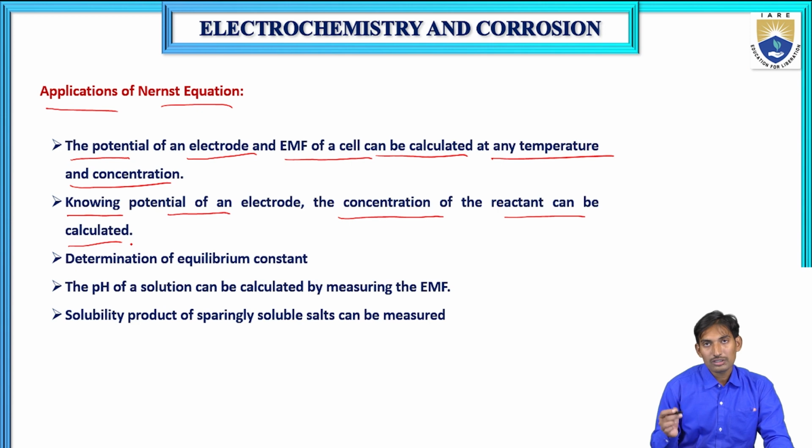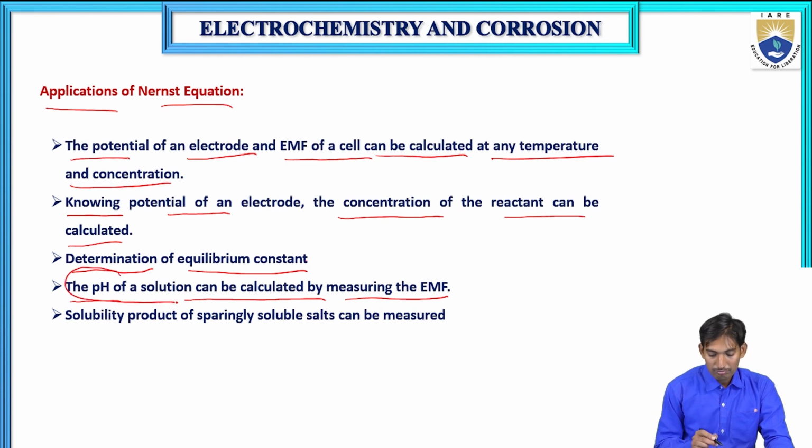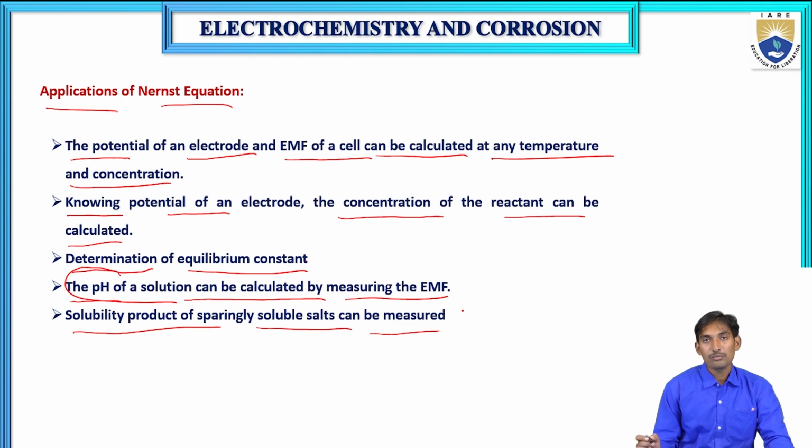Determination of equilibrium constant: by using the Nernst equation, we can calculate the equilibrium constant also. The pH of a solution can be calculated by measuring the EMF. The solubility product of sparingly soluble salts can also be measured by using this Nernst equation.